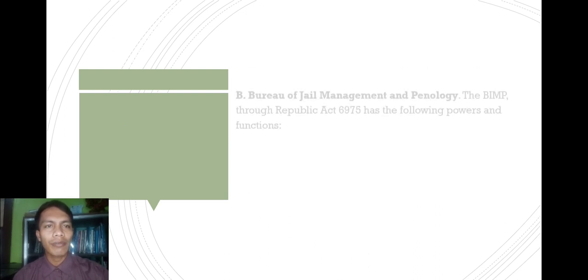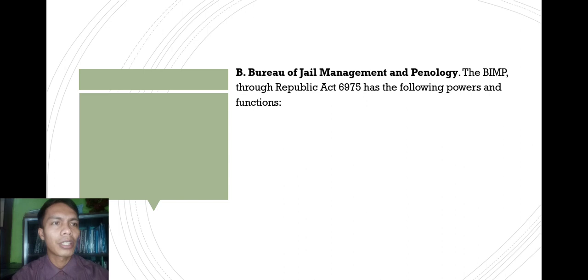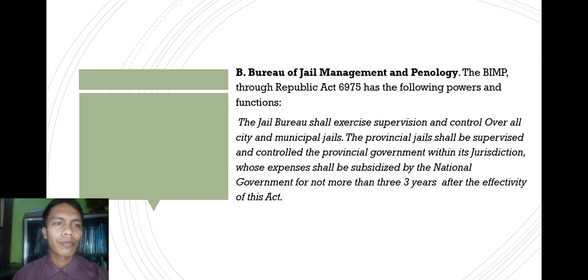Then next, the Bureau of Jail Management and Penology. The BJMP through Republic Act 6975 has the following powers and functions. The Jail Bureau exercises supervision and control over all city and municipal jails. The provincial jail shall be supervised and controlled by the provincial government within its jurisdiction.